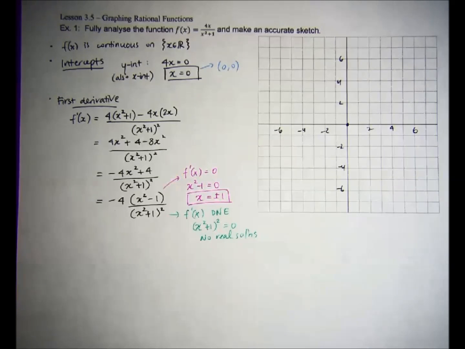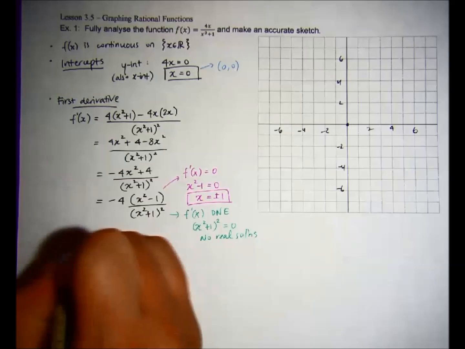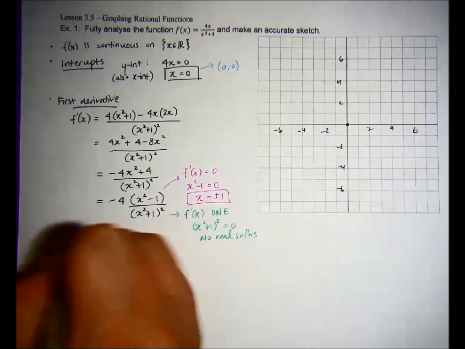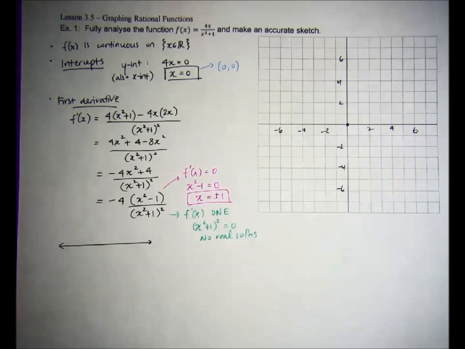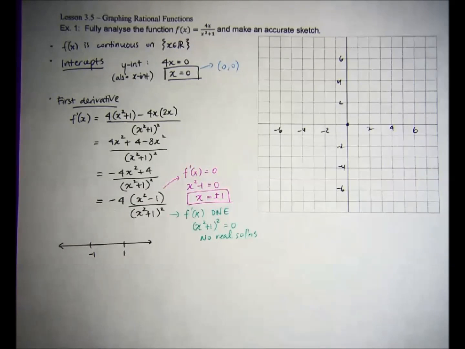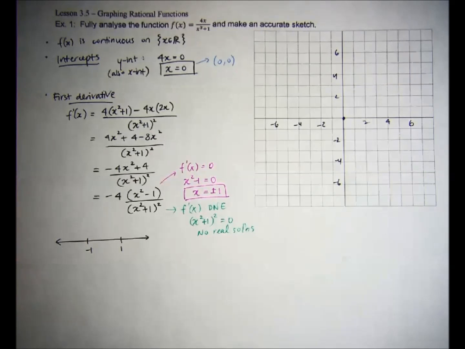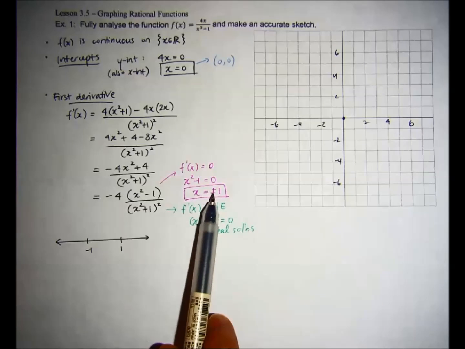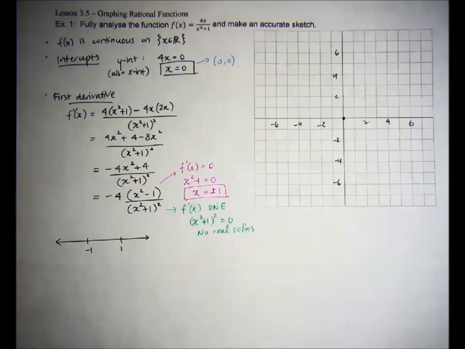At this point, it's up to you whether or not you want to do the number line. I am going to use it just to have a clear idea of whether my function is increasing or decreasing. If you just want to use the second derivative to figure out if you have a local max or a local min at these points, that's fine as well.